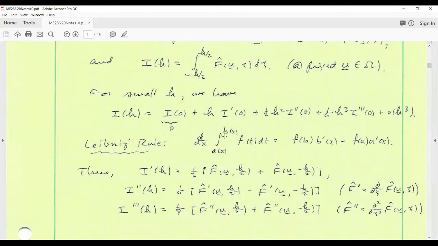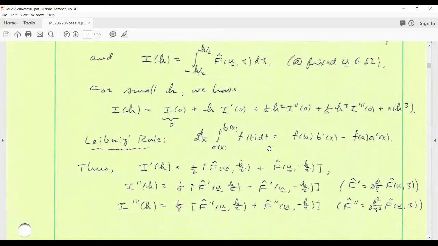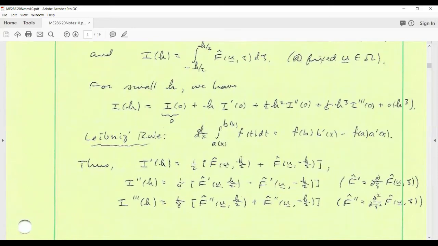How to differentiate an integral when the limits depend on the variable that you're differentiating with respect to. So for example, d/dx of the integral from a of x to b of x of some function f of t dt. The Leibniz rule says that that's just f evaluated at the upper limit times the derivative of the upper limit with respect to x minus f evaluated at the lower limit times the derivative of the lower limit.